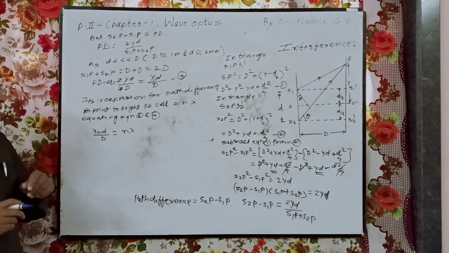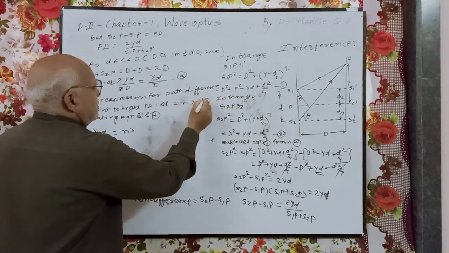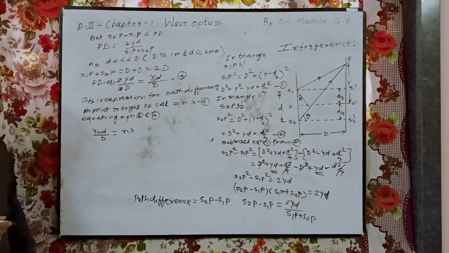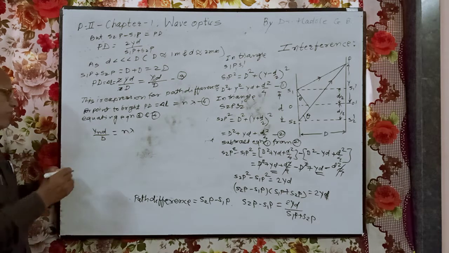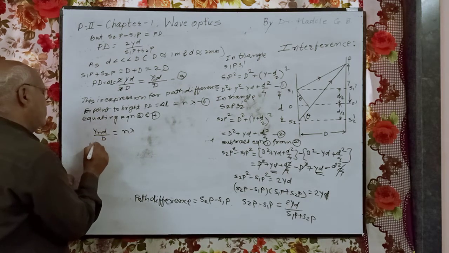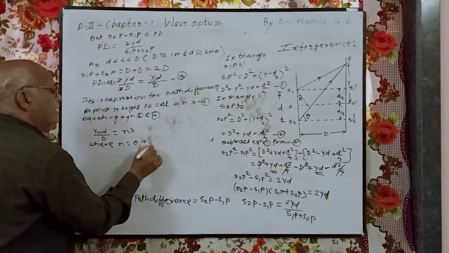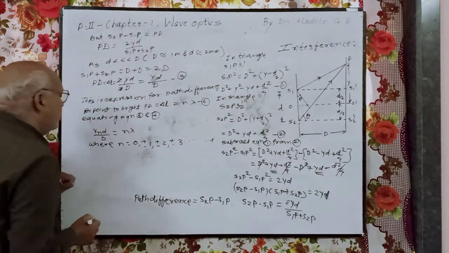Now equating equations 3 and 4, we write YD upon capital D equal to n lambda, where n equals 0, plus or minus 1, plus or minus 2, plus or minus 3, and so on.